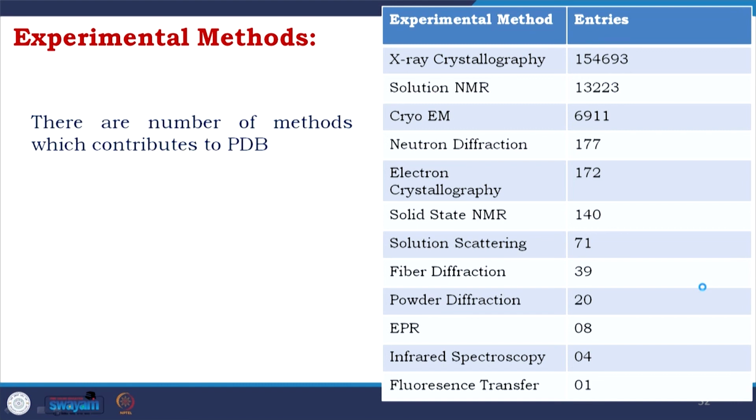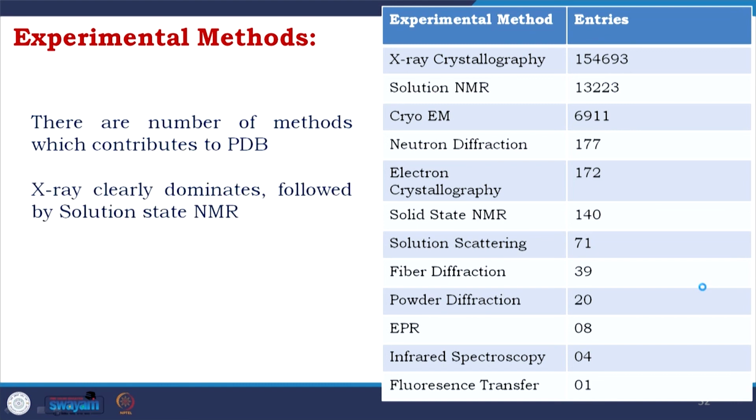So, there are a number of methods which contribute to PDB. As we all know, X-ray clearly dominates, followed by solution state NMR, but cryo-EM is upcoming with amazing potential.